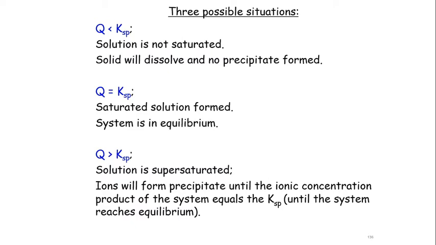And the last one is when the value of Q calculated is greater than the value of Ksp. This means that the solution is supersaturated. Ions will form precipitate until the ionic concentration product of the system equals the Ksp.